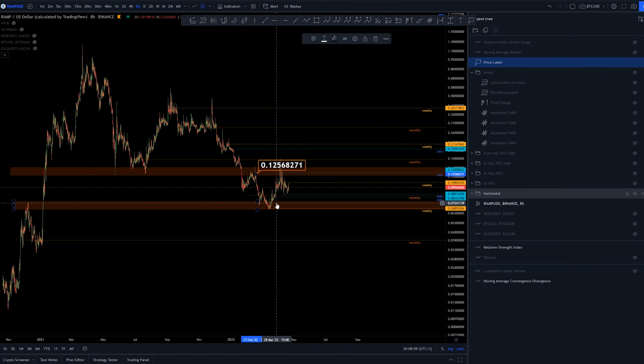Let's check out the time it took to create this structure, if this is still plausible, and add some others here. Okay, so as you see, we basically used 2.5 times more time for this correction than the wave itself.